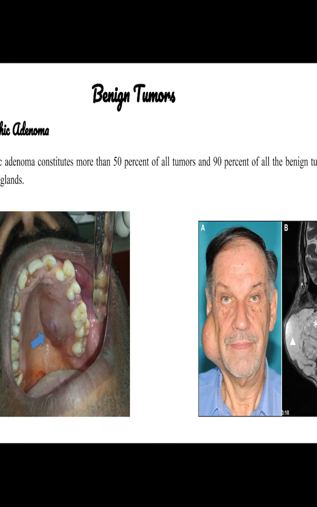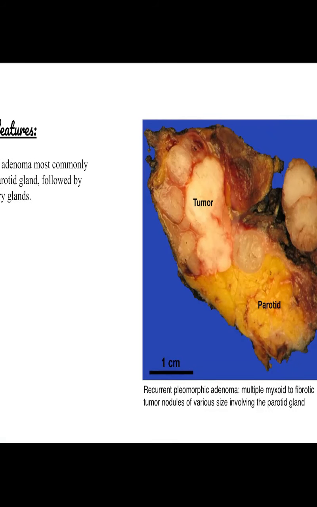So we can see here, it's the largest near the angle of the mouth. We can see it as well in the floor of the hard palate. Clinical features: it mostly affects the parotid gland, followed by minor salivary glands of the palate, and less frequently affects the submandibular gland.